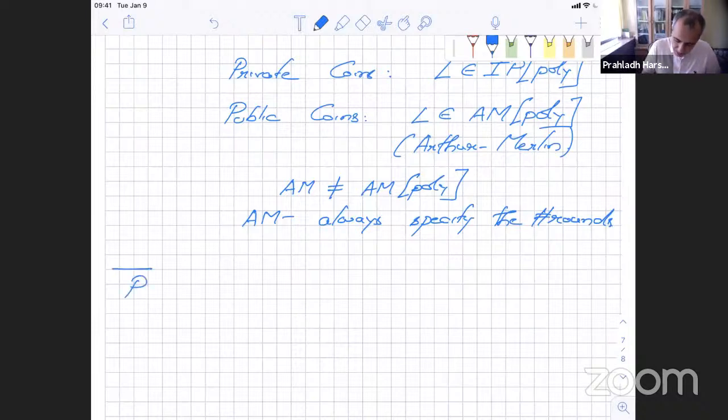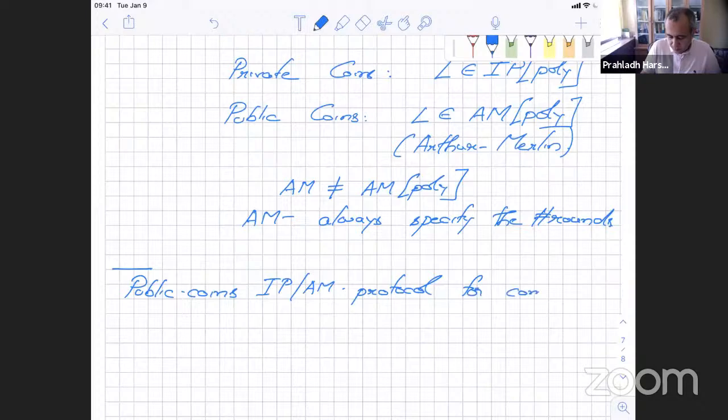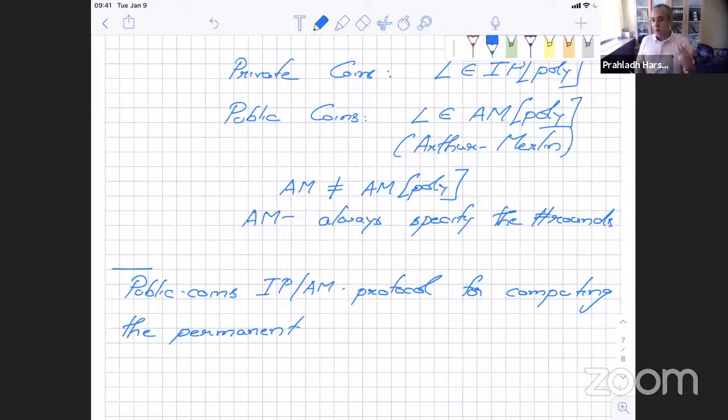We'll give a public coins protocol, an AM protocol, for computing the permanent. And this will really display the full power of IP.